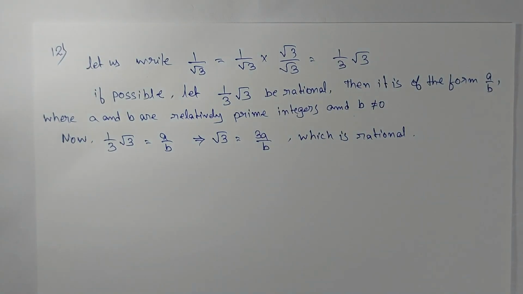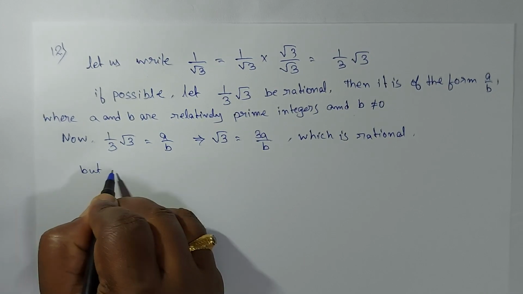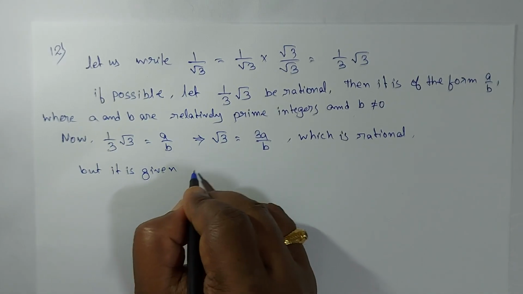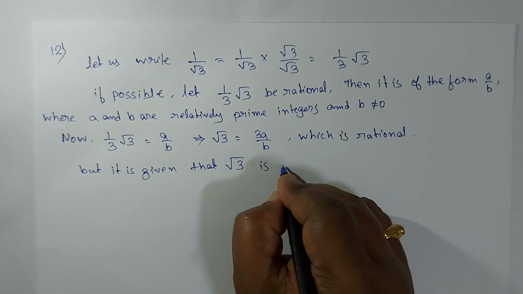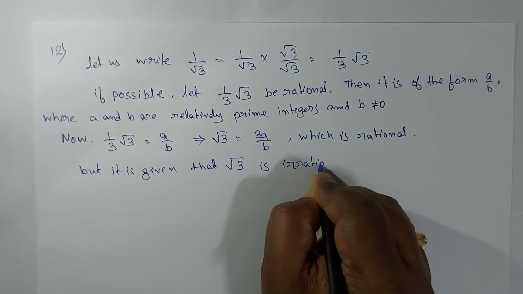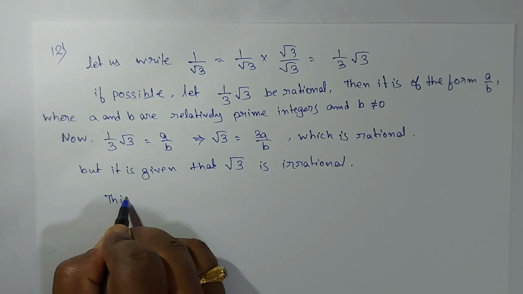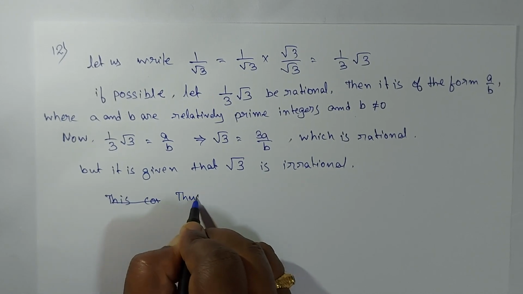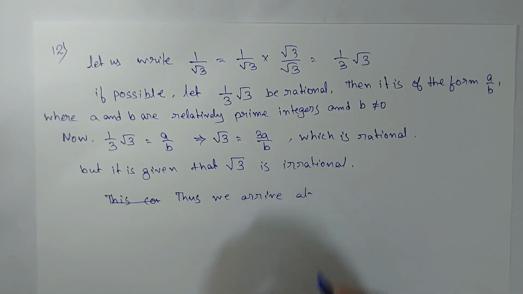Now since this is rational, but it is given that root 3 is irrational, we arrive at a contradiction.